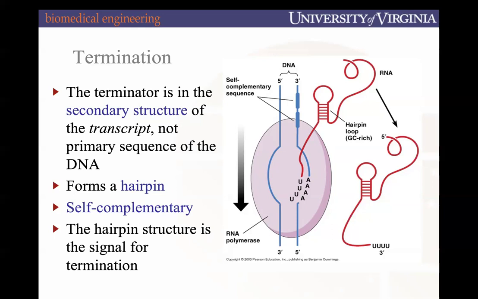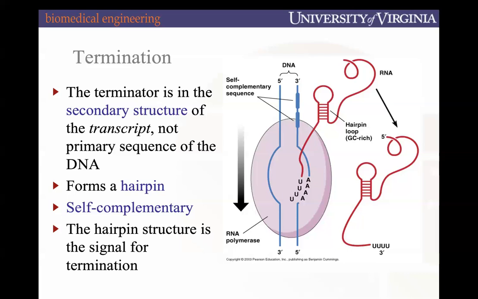C's bind to G's and A's bind to T's, or in the case of mRNA, adenosine binds to uracil, A to U. So in this hypothetical example, if we have an mRNA strand where the terminator sequence encodes a stretch of just C's, and then a couple dozen nucleotides down, there's a long stretch of G's, those will be complementary to one another and promote the looping and binding of those sequences to create this hairpin structure.